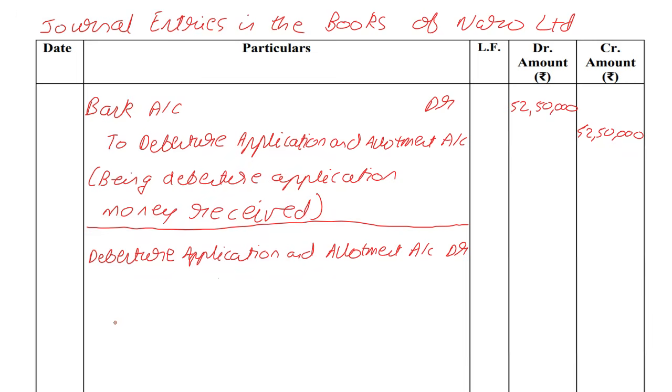So I'm going to leave a little bit of space and put to 10% debentures. The reason for that is that we are redeeming it at a premium. So I'm first going to finish the logic where we debit the application and allotment account because we are completing a set of entries where we debit what comes in, we credit what goes out, and we credit all incomes and gains.